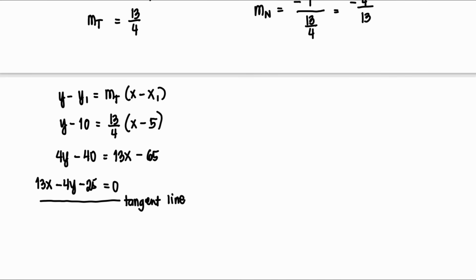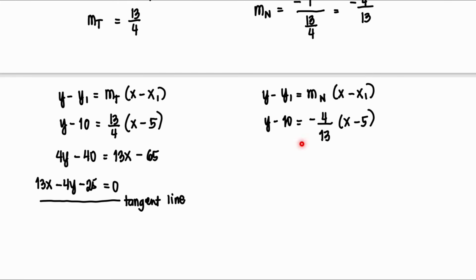And for the normal line, y minus y sub 1 equals the slope of the normal line times x minus x sub 1. So substituting, this is y minus 10 equals negative 4 divided by 13 times x minus 5. So we are going to multiply 13 here and distribute 4 here.